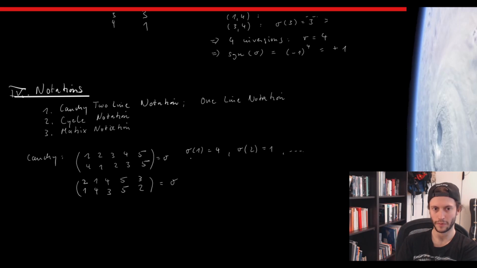Like sigma of 1, the 1 gets mapped to the 4, never mind if it stands in the first position or the second one. So this is really important. You could also order this with 1, 2, 3, 4, 5 below and write down, let's see, 2. Try this for yourself.